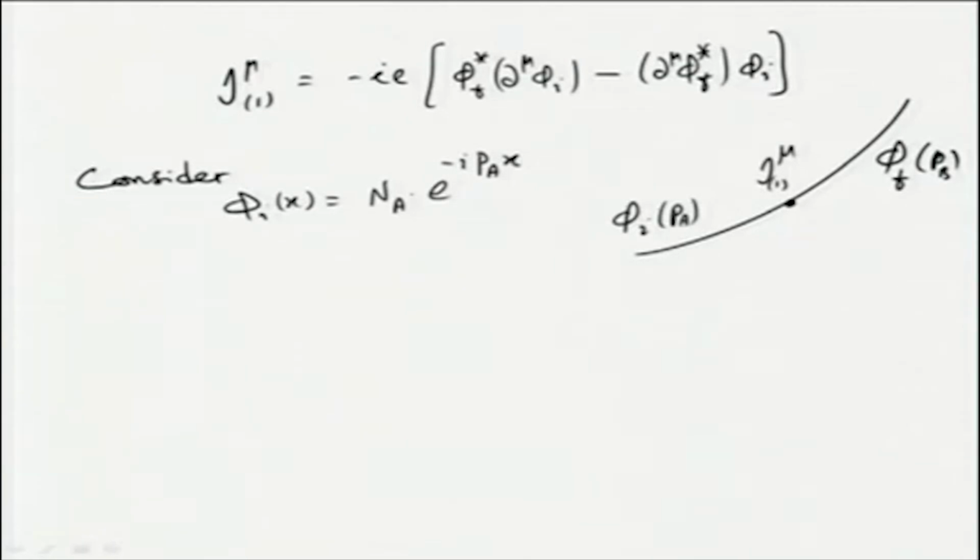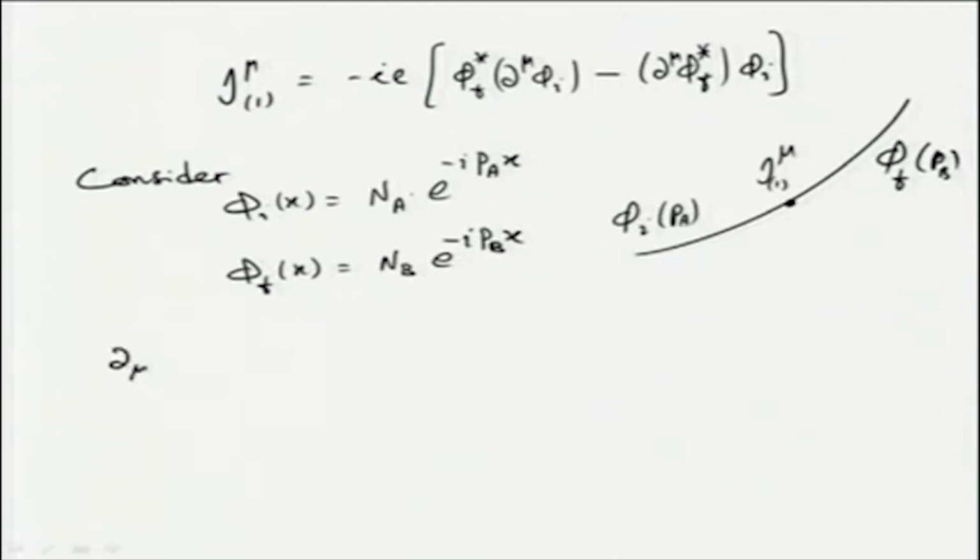So, N_A is the normalization constant, p_A is the momentum associated with this, and phi_f similarly is N_B e to the power minus i p_b x.